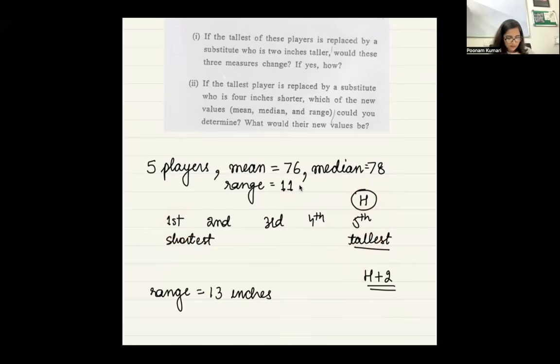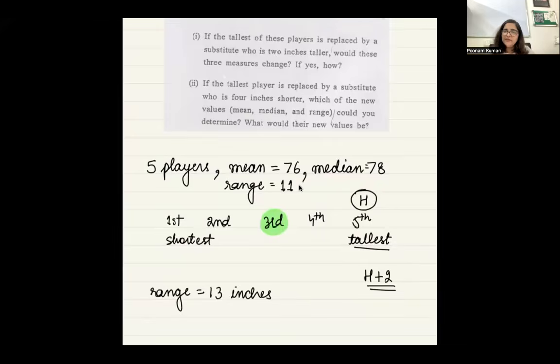All right. Now, moving on. What will happen to the median? Median is basically the middle value, right? Initially, what was the middle value? The third person. Now, if you increase the height to h plus 2, what will be the median now?